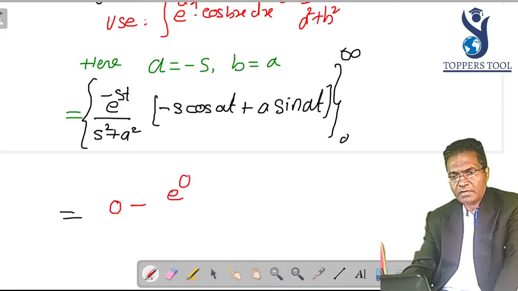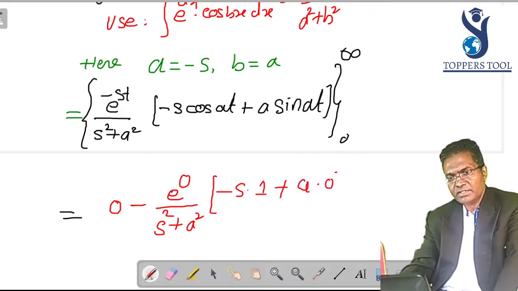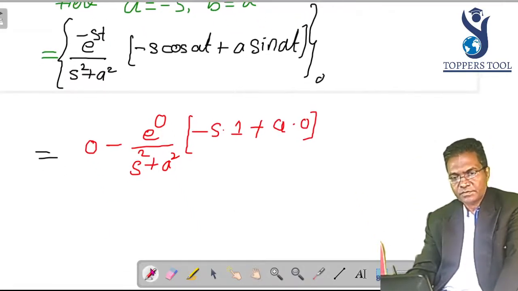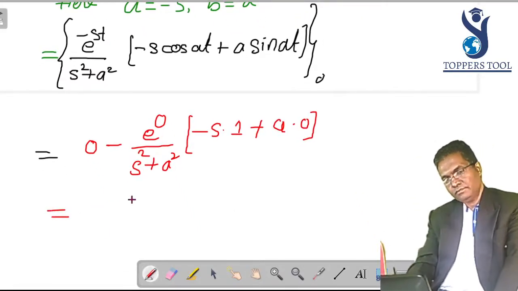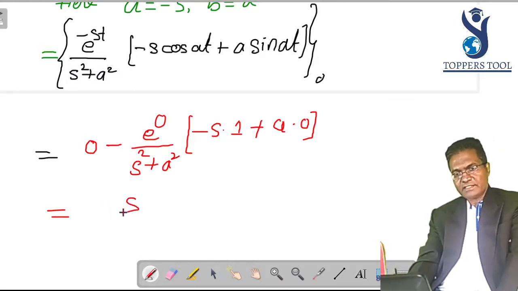So e power 0 by s square plus a square, minus s into cos 0 is 1, plus a into sine 0 is 0. So minus into minus plus, e power 0 is 1, so you will get s by s square plus a square.